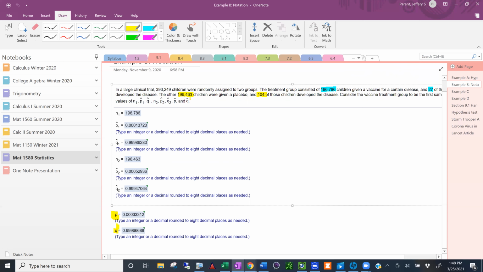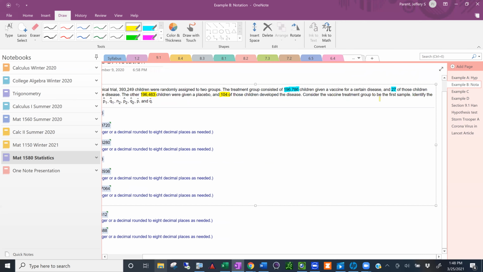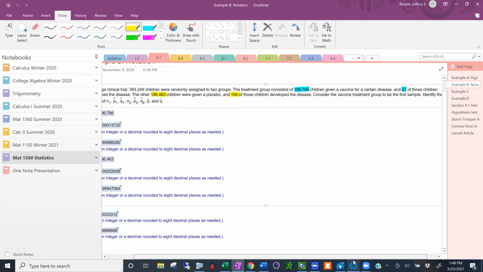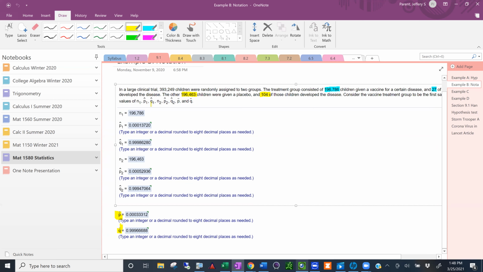The other 196,463 were given a placebo, and 104 of those children developed the disease. So consider the vaccine treatment group to be the first sample, and identify all these things, n1, p hat 1, q hat 1, n2, etc. So a lot of the things you need to figure out.